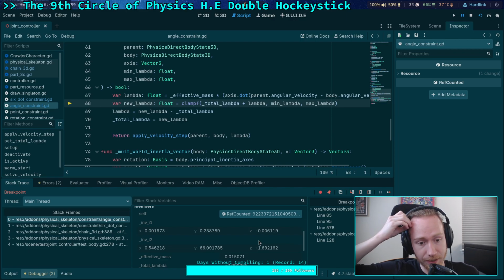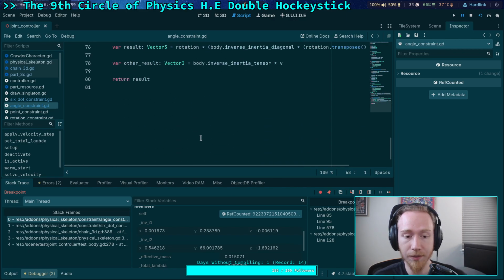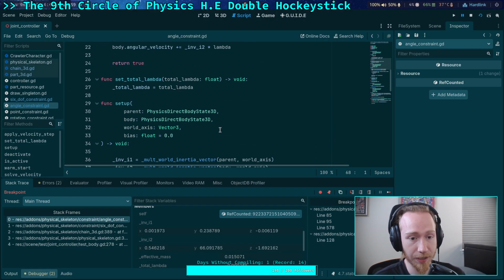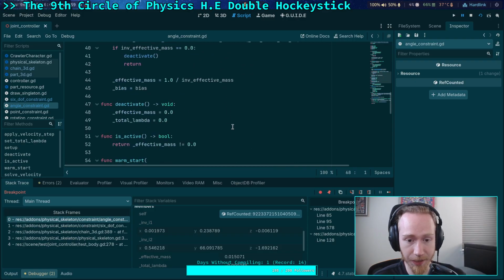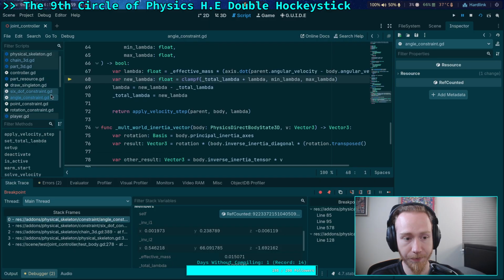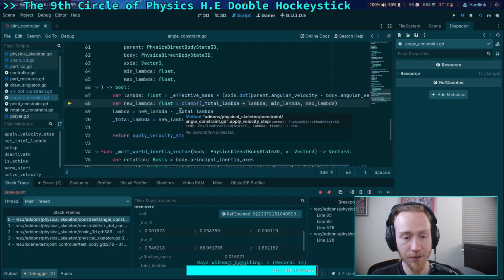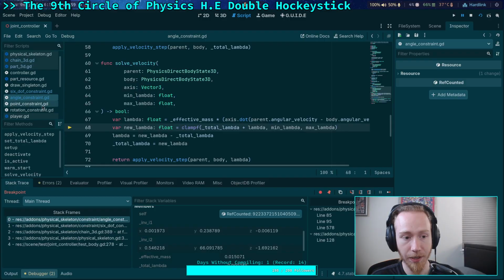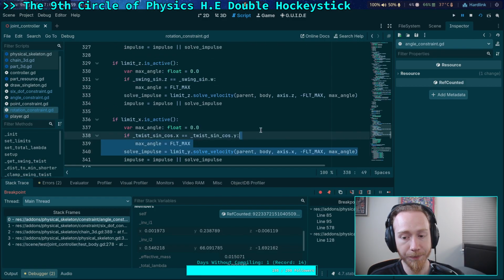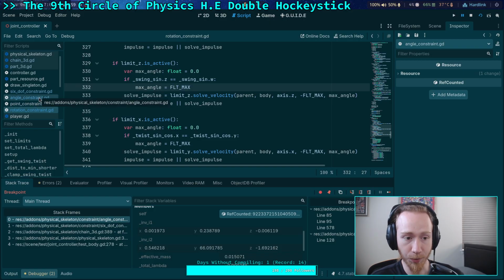This angle constraint is... Oh, this doesn't even use position. So the only thing this does is velocity. And it seems like it's wrong. Not seems. 100% this is wrong. It's absolutely wrong. It must be wrong.